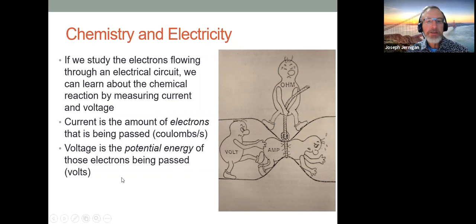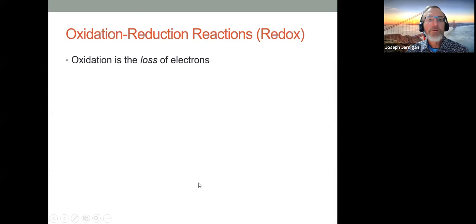Voltage is potential energy, and then the ohm is a unit of resistance. So this graphic, this cartoon, I think is a very useful way to think about V equals IR, okay? All right, if there are no questions on that, we will move right along here.